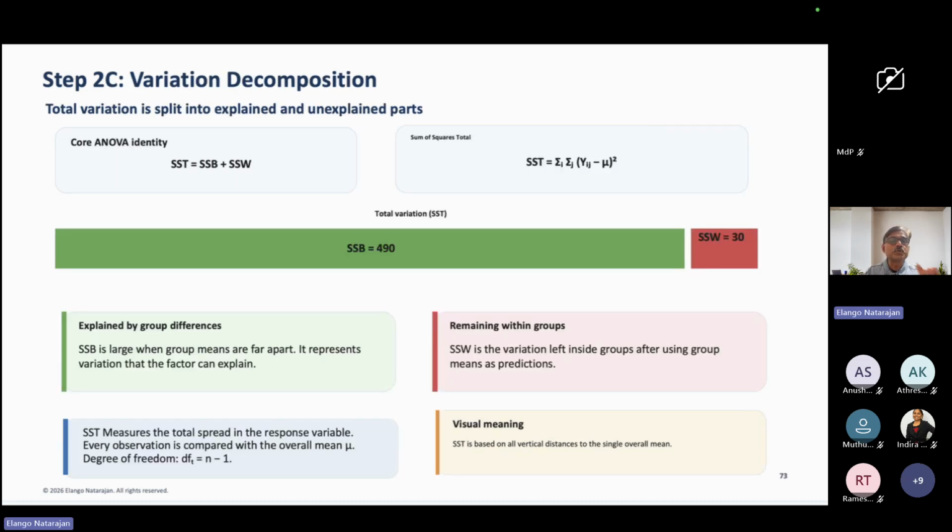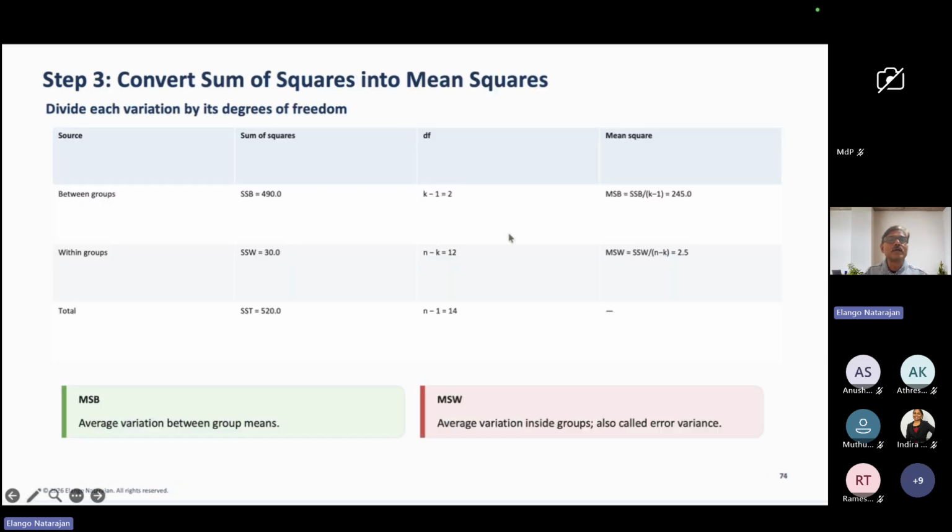With these two terms, SSB and SSW, you can find the total variation, SST. In each slide, I used calculators to find the answer, and I put the answer also for the same data. I'm just explaining the procedure. So ultimately, you are finding total variation among the groups.